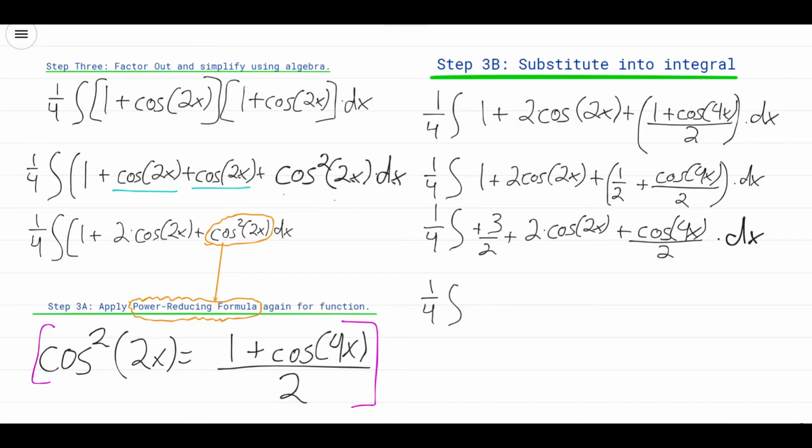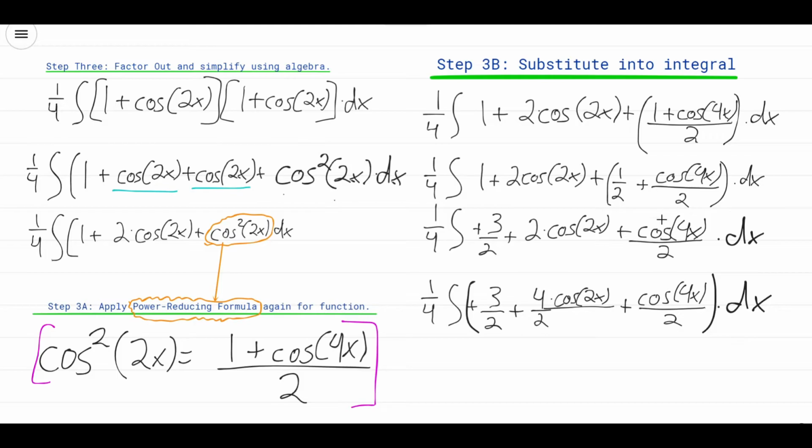So now what we're going to do is make sure each term has a common denominator so we can factor out. Makes it easier for the integral. So that's why I'm multiplying cosine of 4x over 2 times dx. Notice how this term where my mouse is and this term where my mouse is have a common denominator of 2, but this one does not.